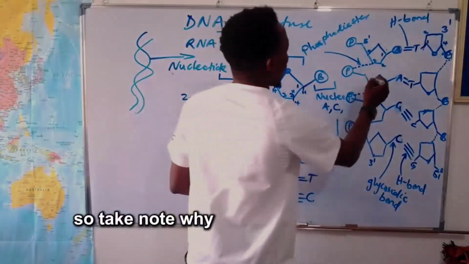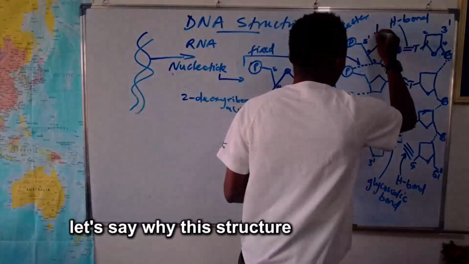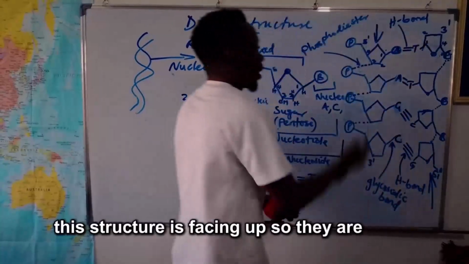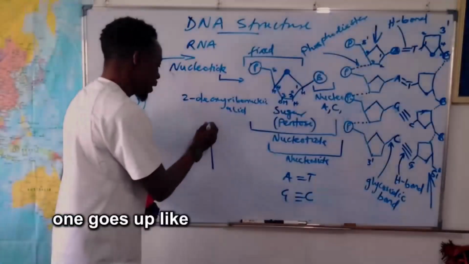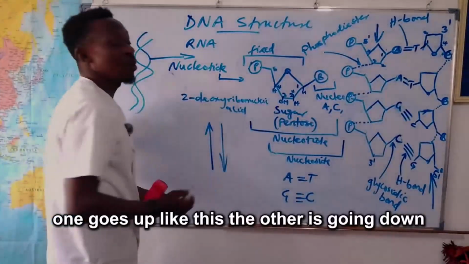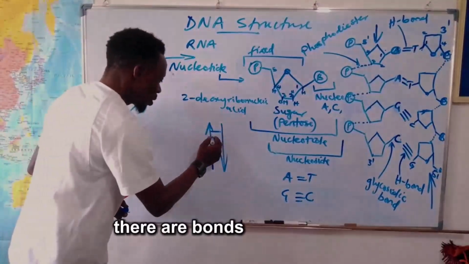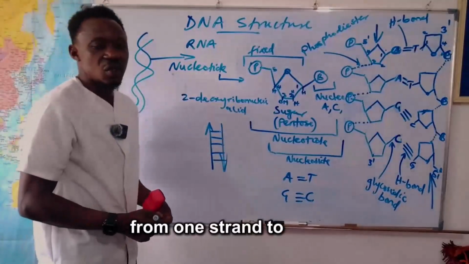So take note why this structure is just opposite. While this structure is going down, this structure is facing up. So they are moving in different directions, okay? One goes up like this, the other is going down this way. So there are 2 strands, and there are bonds that hold them from one strand to another.